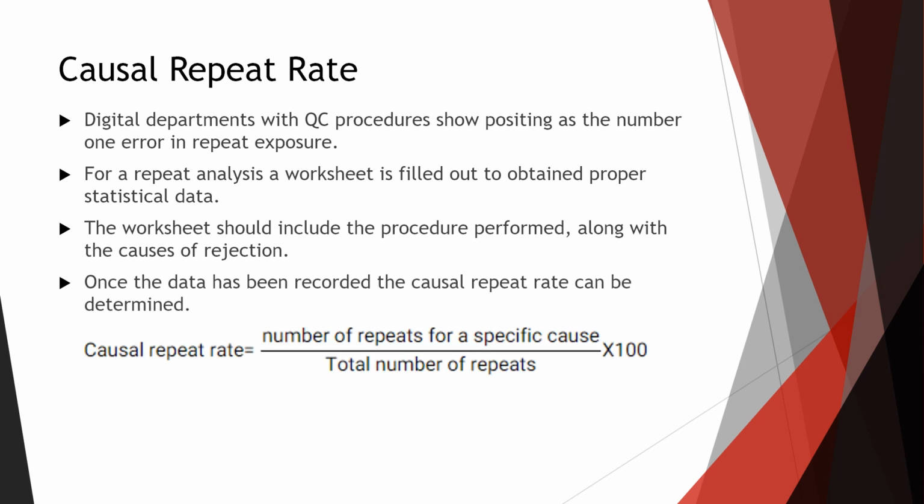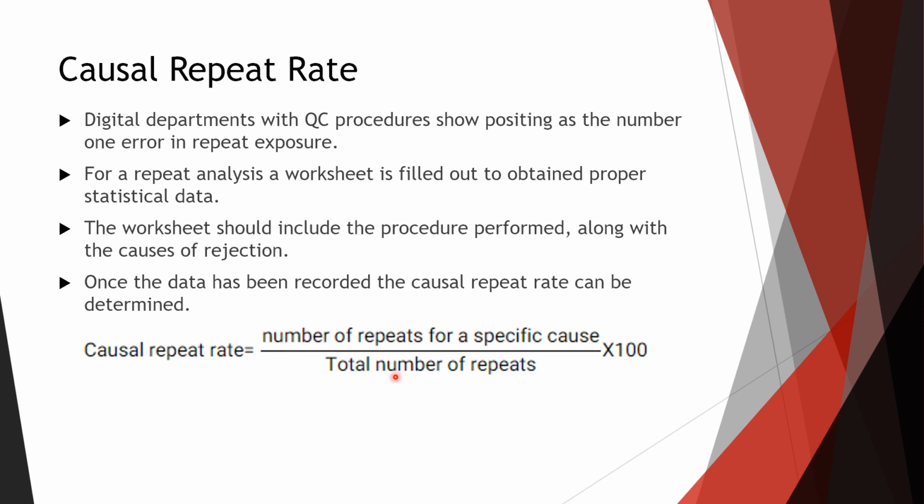So you take all the data and you take the number of repeats for a specific cause, so something like positioning, earrings being on, necklace being on, some kind of equipment malfunction. It could be a specific equipment malfunction, right? Things like that, so you put each of those in categories. How many times did it occur, and then the total number of repeats.